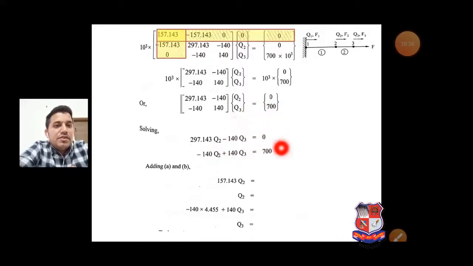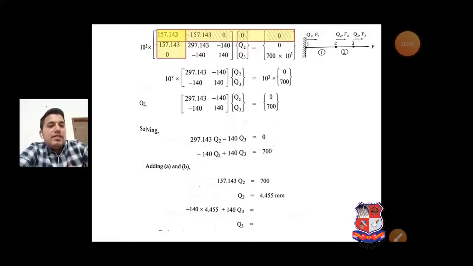By using this formulation, we conclude that q2 is equal to 4.455 mm. This is the displacement at node number 2, and similarly we have to find the displacement at node number 3. So have you understood everything?